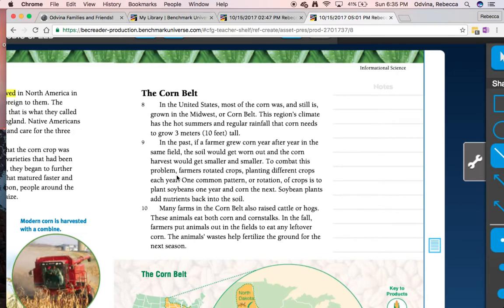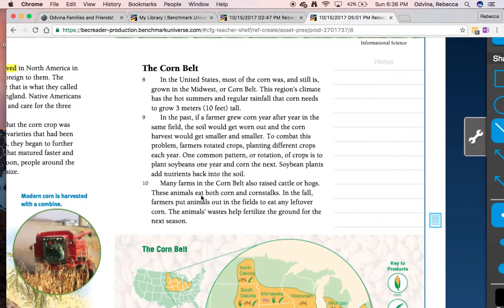To combat this problem, farmers rotated crops, planting different crops each year. One common pattern or rotation of crops is to plant soybeans one year and corn the next. Soybean plants add nutrients back into the soil.